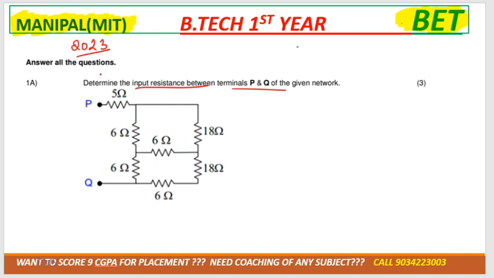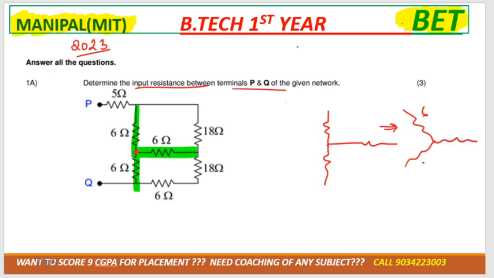So if you can see, there is a relation also, like see this 6 and this 6, they are all connected to the same point, right? So can I draw it like this? Separate this, draw it first, like this. If I would be able to draw it like this, can I draw it like this? This is 6, this is 6 and this is 6. Yes or no? Tell me. Now tell me, this one is star or delta?